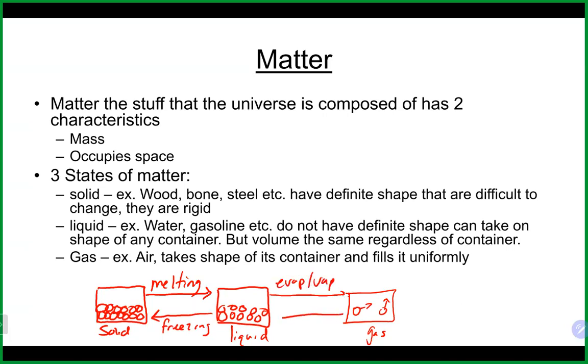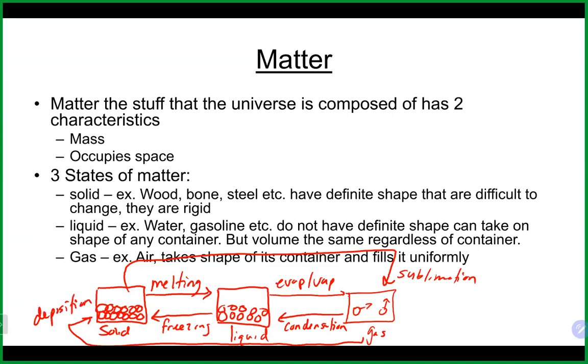Going from gas back to liquid is condensation. Going from solid, skipping the liquid phase and heading over to gas, is sublimation. And going from gas, skipping the liquid phase and heading the other way, is known as deposition.